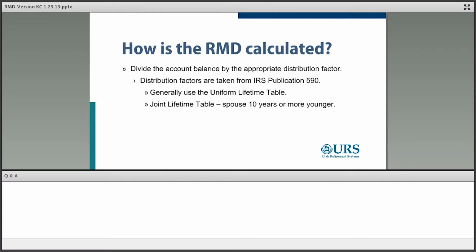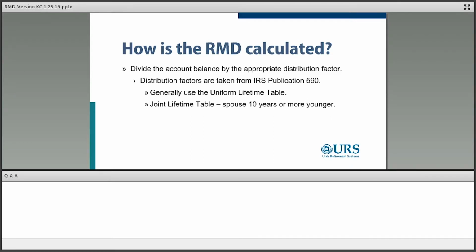Let me go ahead, turn the slide, and let's walk through an example. Pardon me, before we do that example, let me just touch on a quick item here. We divide that December 31st account balance by what's called a distribution factor. The distribution factors are taken from the IRS publication 590 if you wanted to Google that or search that on the web to get the details.